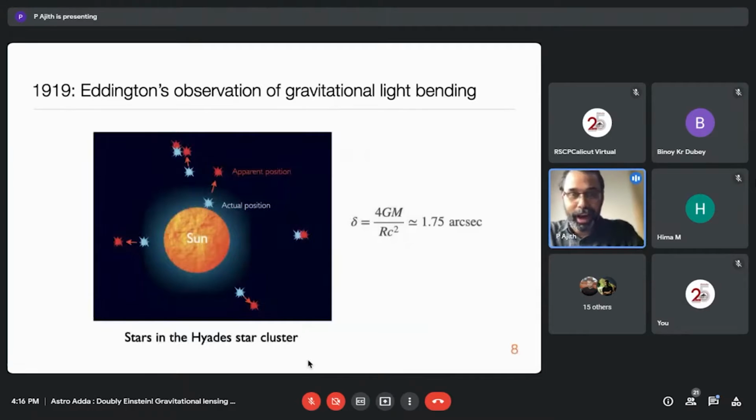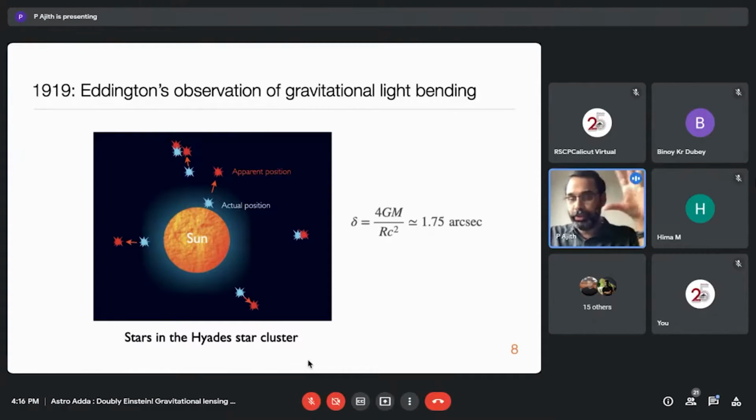But here is a cartoon version of what Eddington and colleagues observed. What they did was take a photograph of this cluster of stars from the Hyades cluster during the eclipse, and that is shown by these red stars in this photograph.